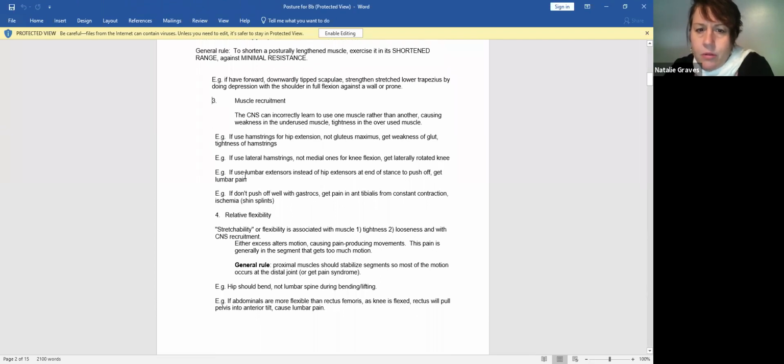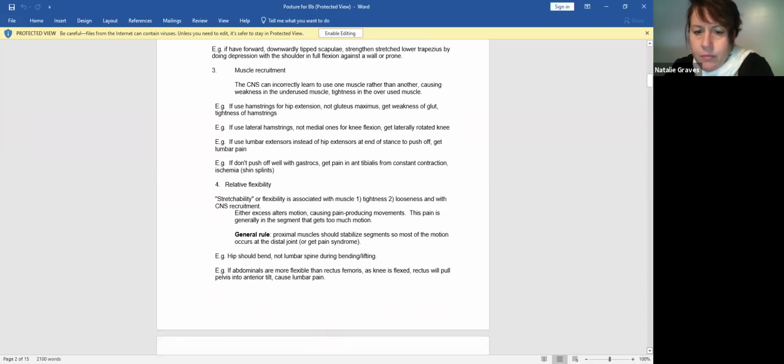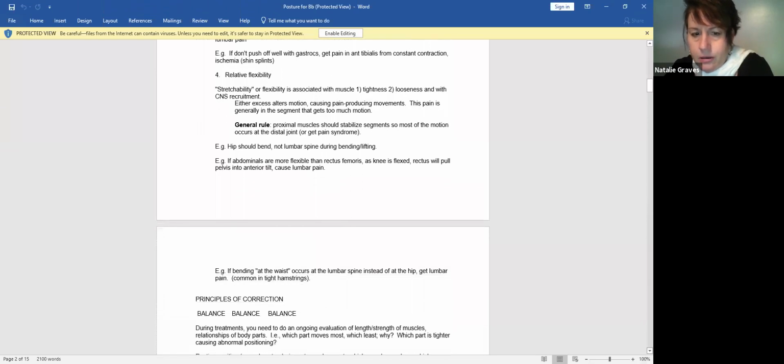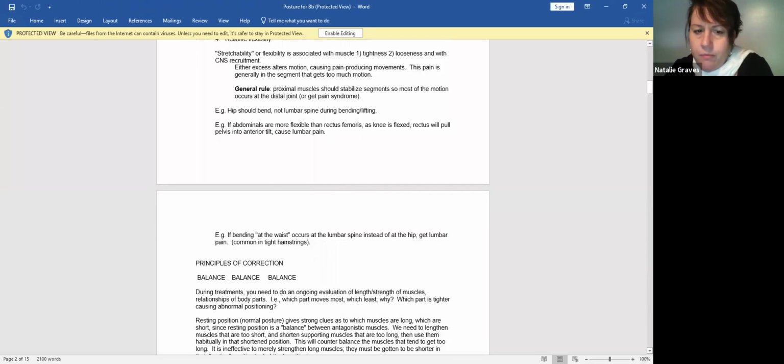And we have some more examples here, and there's lots of them. But with any of these things that are numbered 1, 2, 3, 4, basically the take-home point is that we are going to stretch what is shortened, and we are going to strengthen what is lengthened or is not strong enough.